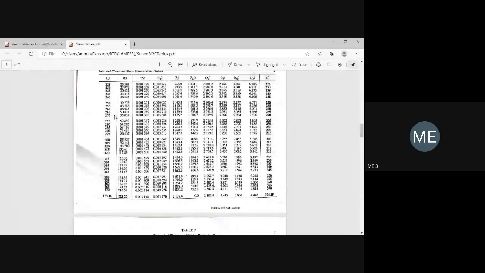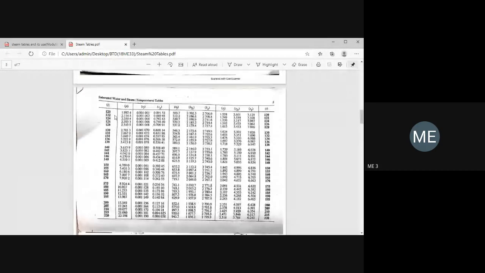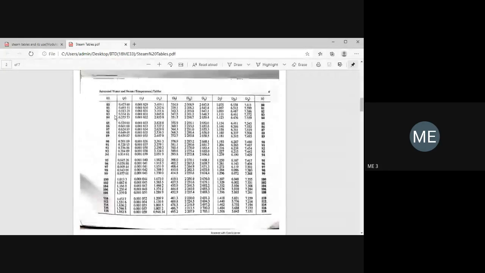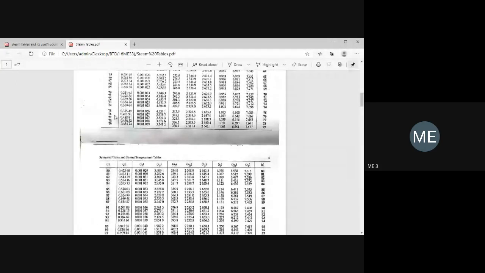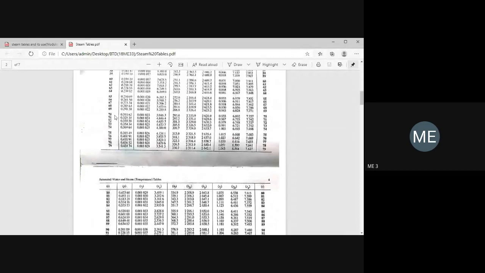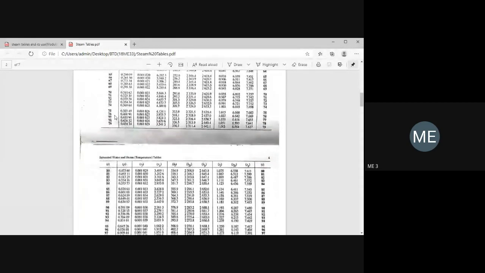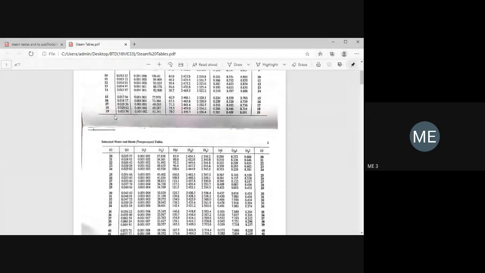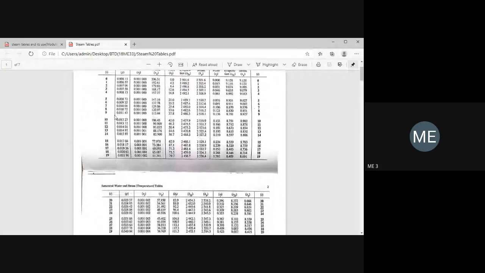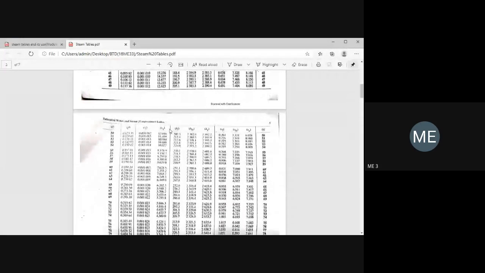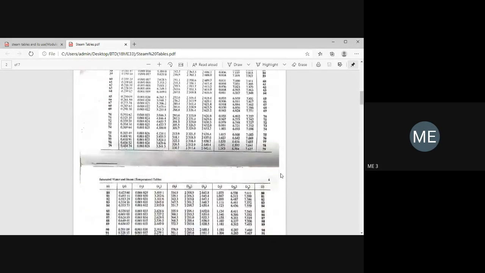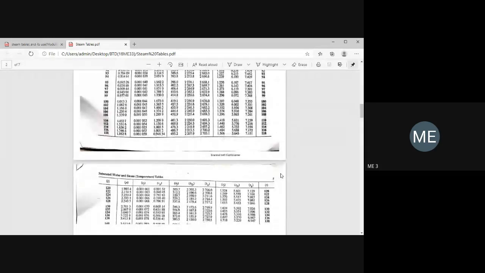Corresponding to temperature, we find out pressure, specific volume, enthalpy, and entropy of the steam. This is table one. I have shared this steam table in your Google Classroom, so you can go through it and analyze the properties.